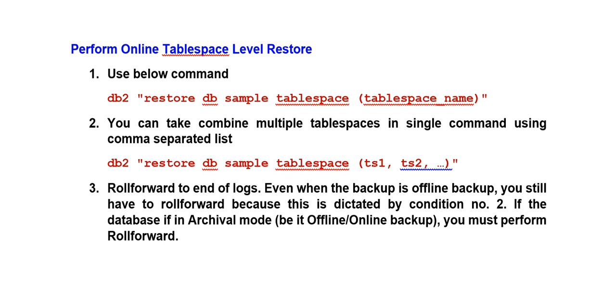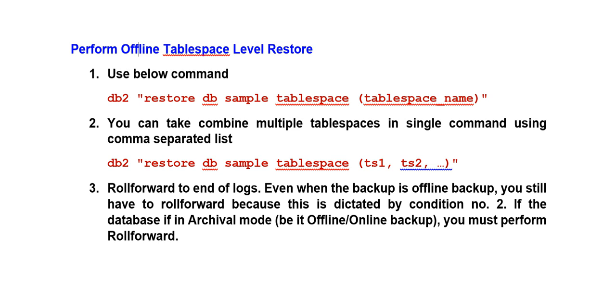This is pretty important. We are talking about offline, sorry, this heading is wrong here. Okay, so we talked about offline. Now if you have taken an offline backup in archival mode, you have the choice of skipping roll forward. In case of tablespace level backup, that choice is no longer there, which means if you have taken an offline tablespace level backup, you need to perform roll forward.